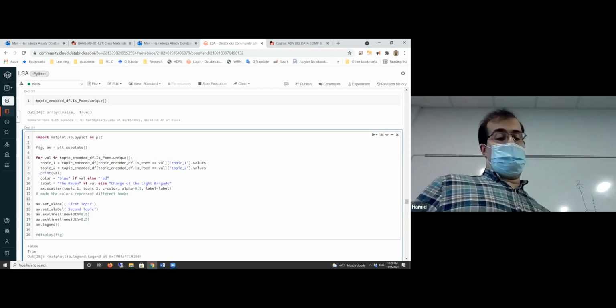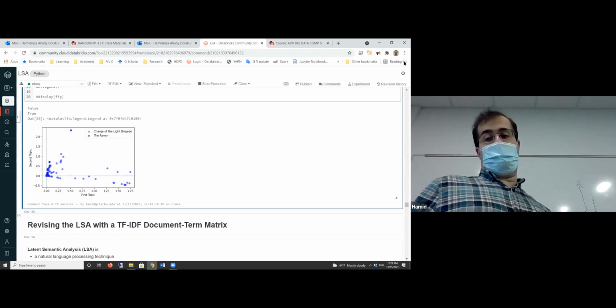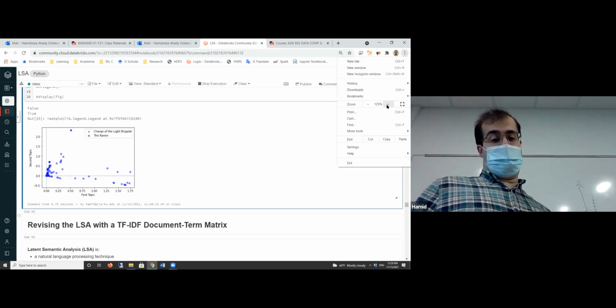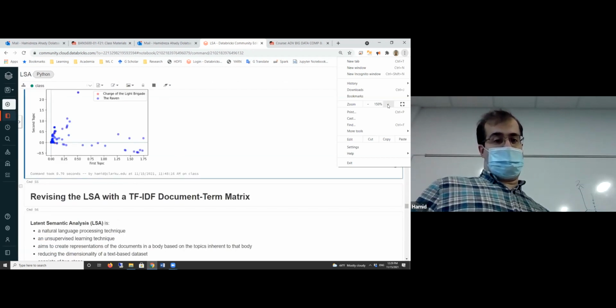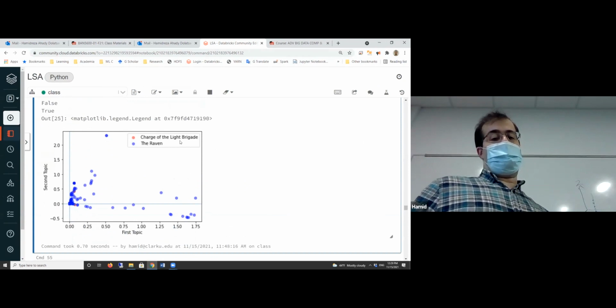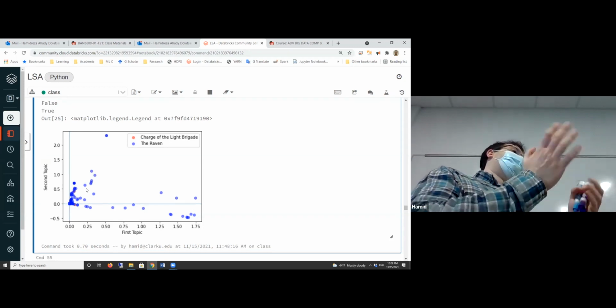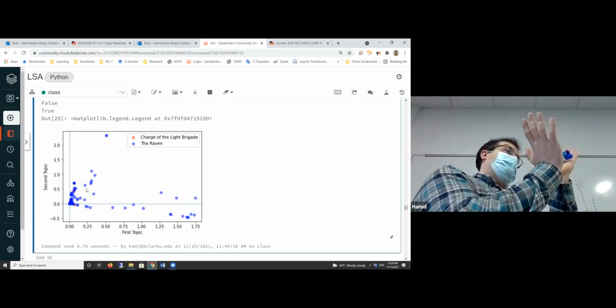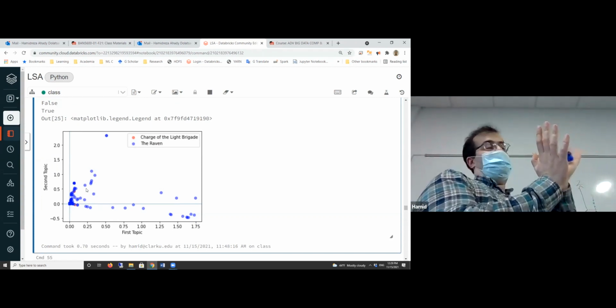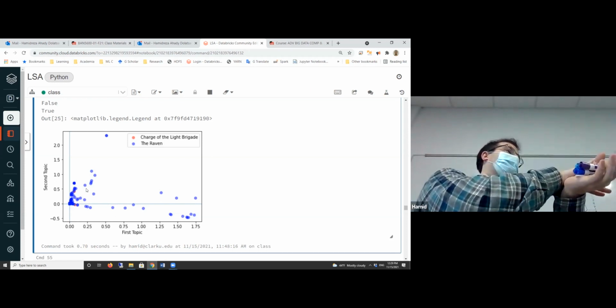But anyway, let's look at the figure. If you zoom in, let me zoom a little more. It's very hard to see The Charge of the Light Brigade. Maybe one here, and you can see another one here. So it seems topic 1 and topic 2 as my two dimensions couldn't differentiate these two topics very well, since several of them overlap each other.